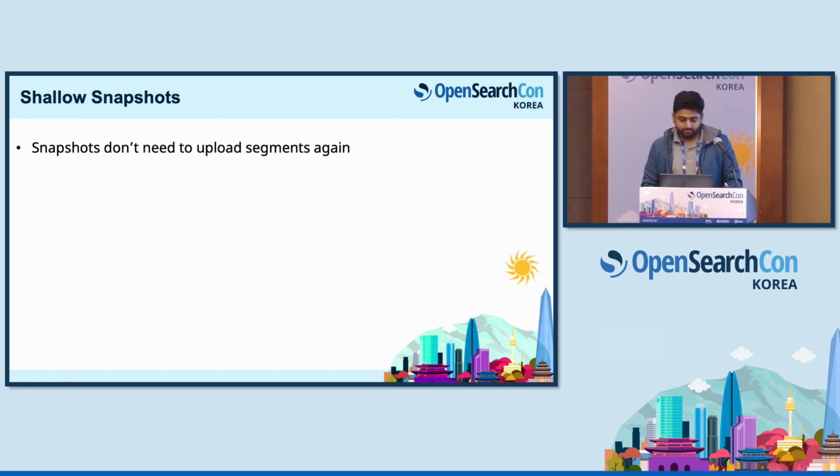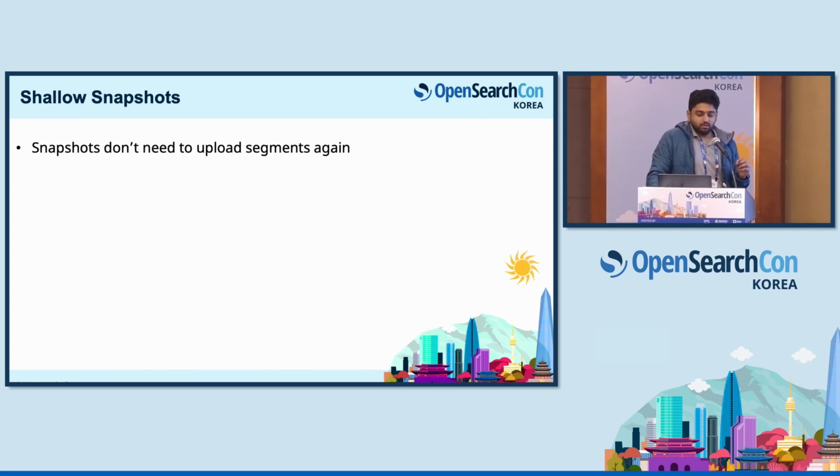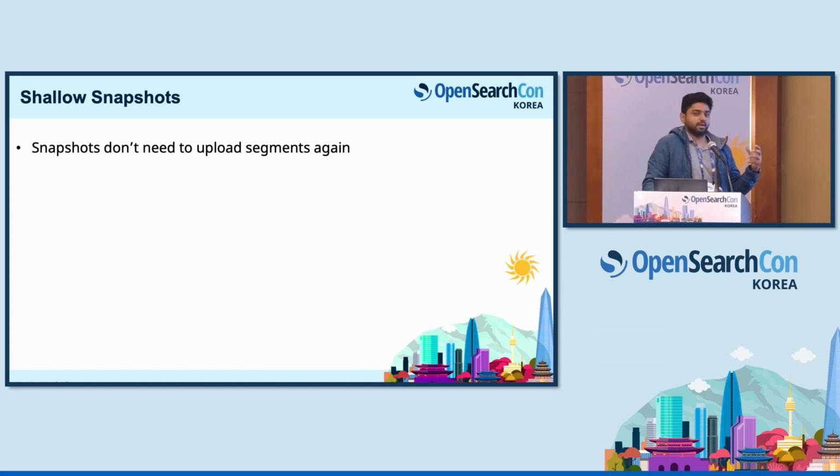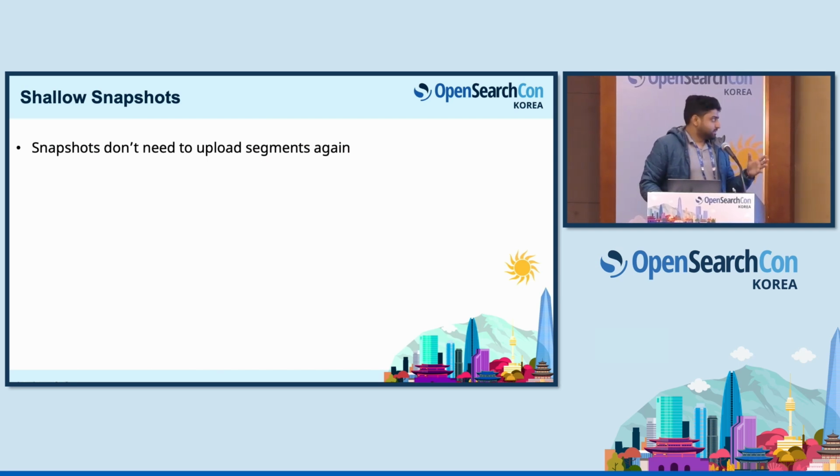Okay, let's quickly talk about snapshots as well. So snapshots, I told you earlier that in the document replication model they would capture point-in-time states and upload them to remote store. But with the segment replication model and remote store, you are already doing that.